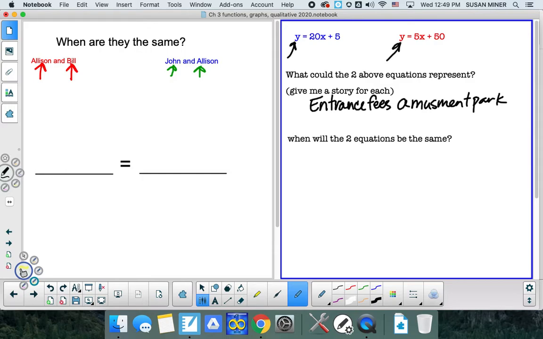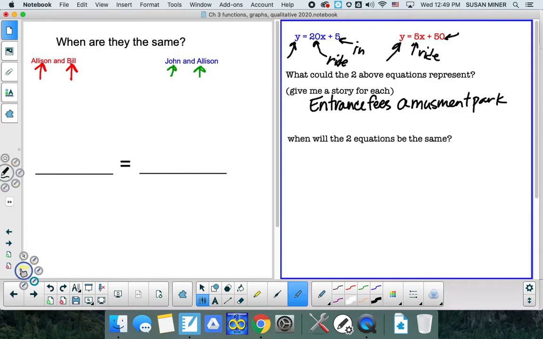Where one, I have to pay, right, $50 for my ticket, and then it's $5 per ride or something like that. I'm just going to kind of make up a story here. And then this one, it's only $5 for a ticket to get in, and then $20 per ride. And I want to know when they're the same.